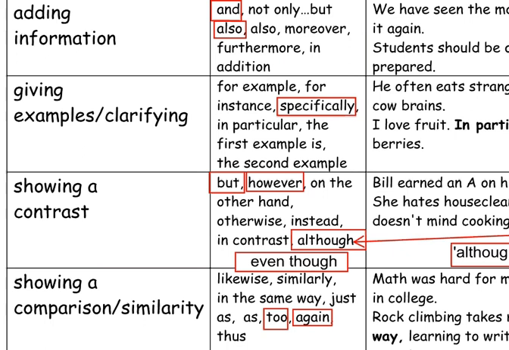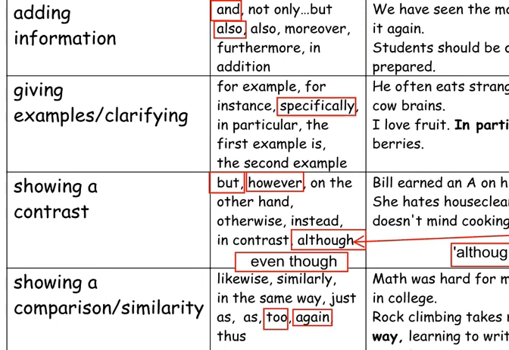The strongest difference here is in contrast, I think. Although and even though are what are called a concession. He failed the test although he studied a lot. He failed although he studied. Failing and studying usually don't go together, studying a lot and failing.